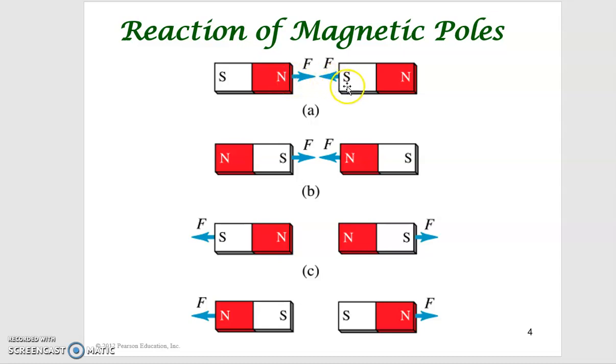You can consider that this bar magnet acts a force on the other, and this one will act back on the first one. So just make sure you remember the force here is the same in magnitude on each bar magnet, but in opposite directions and acting on different bar magnets.